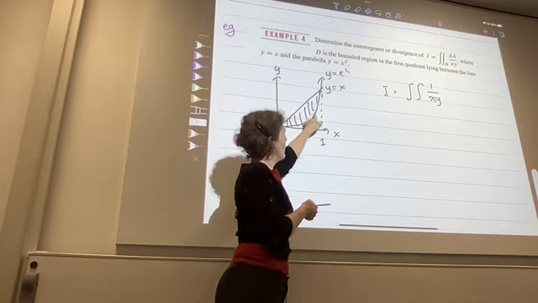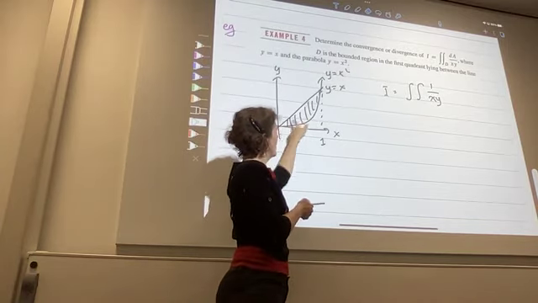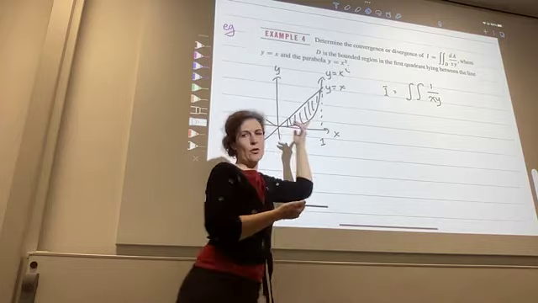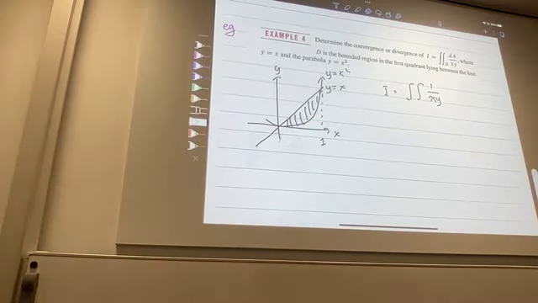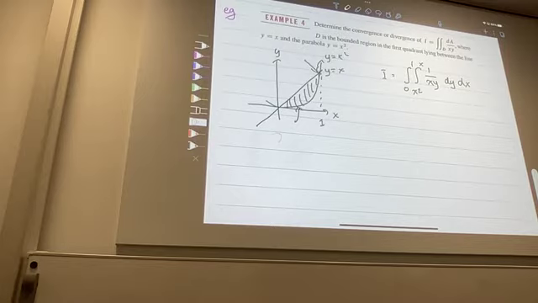We know that our lower y limit is this, our upper y limit is that. So y goes from x squared up to y equals x, and my x limits will be 0 to 1. You would just check what that intersection point is. All right, so let's go ahead and do this.